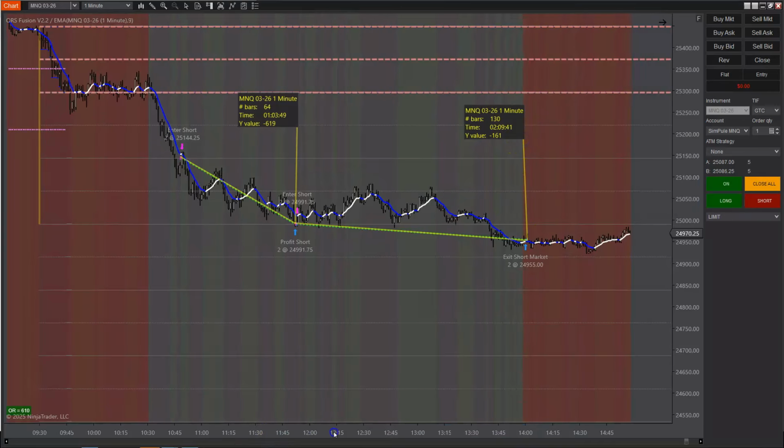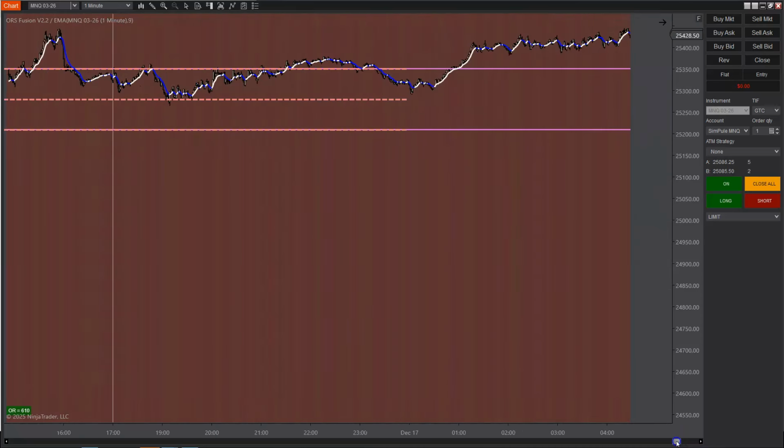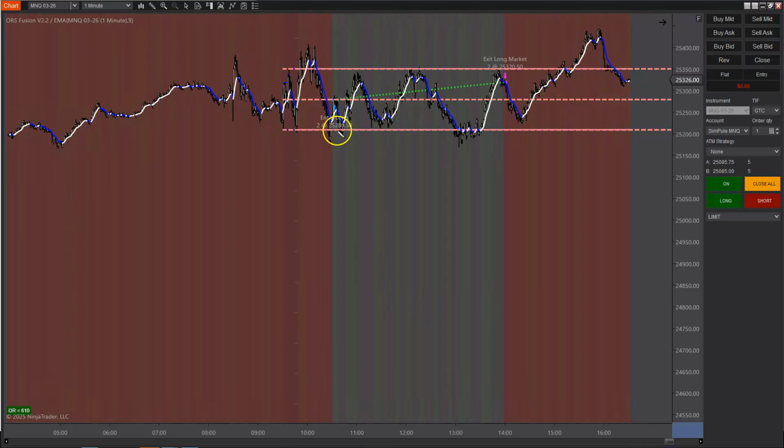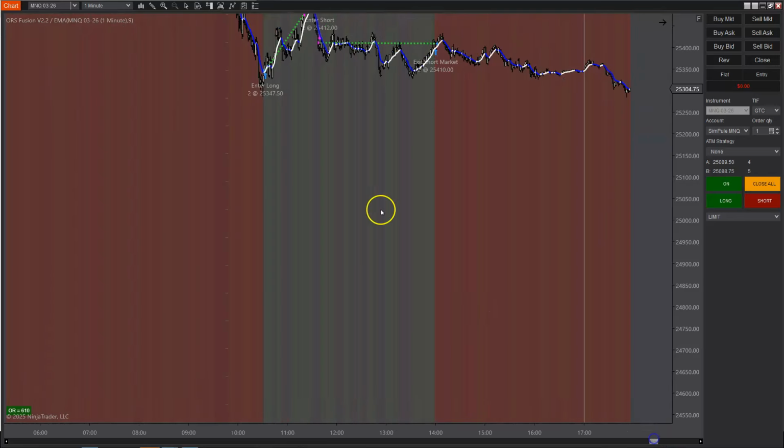Bunch of good days this week though with ORS. Yesterday was really good. 1 trade yesterday. That was 2 contracts, about 154. It's not a huge day, but it's okay.